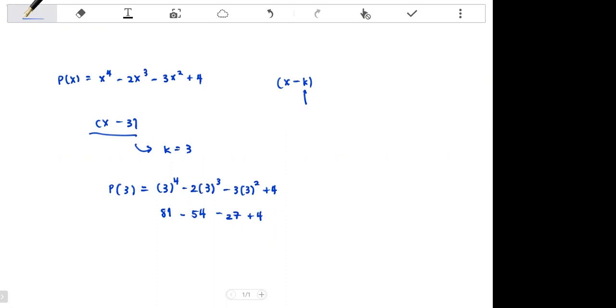Simplifying that further, I think I just get 4. This is just arithmetic from here. So all you really need is this portion and what you need to plug in.